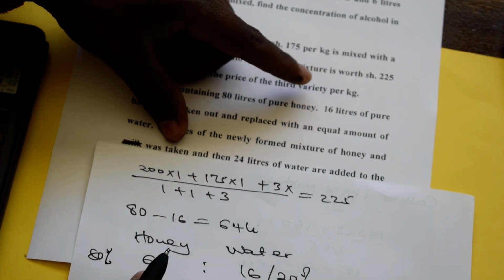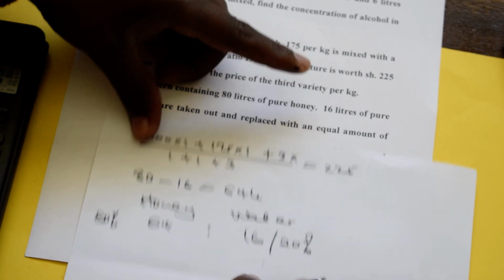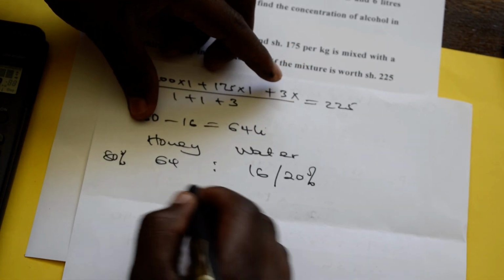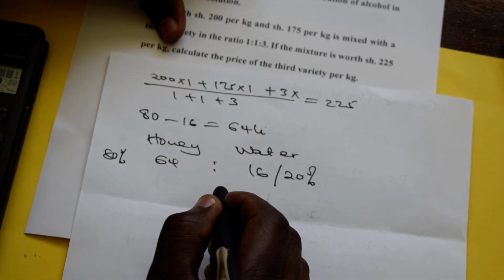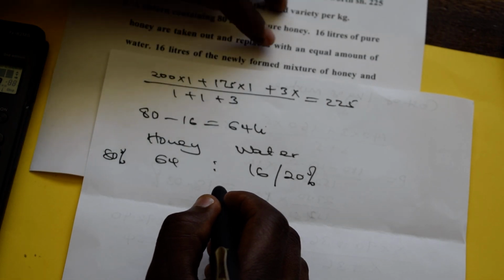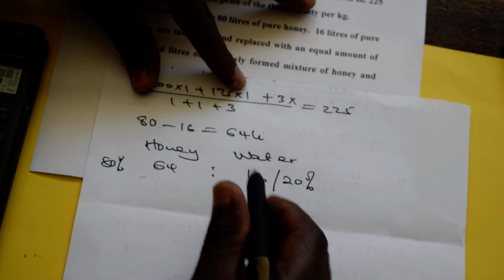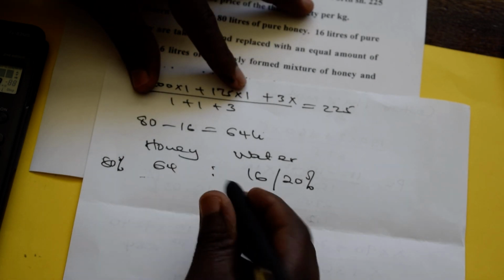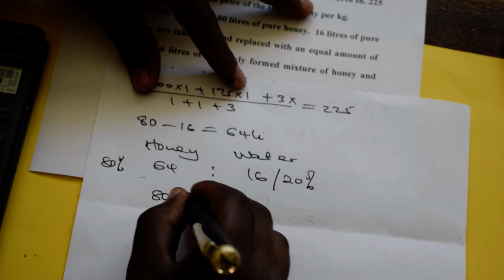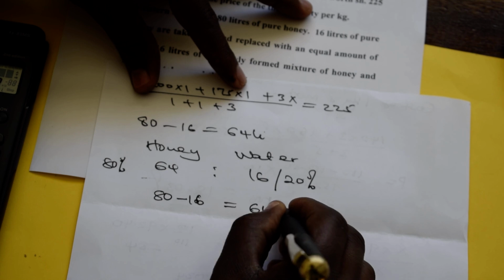So again, from this we get minus 16. If we take 16 liters out of this, we are going to have 80 minus 16, which is going to give us 64 liters.